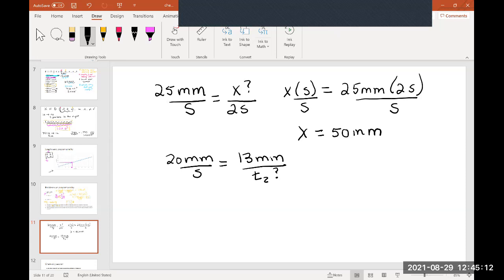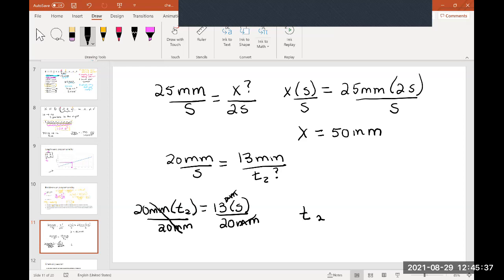So we get 13 s equals 20 millimeters times T2. Divide by 20 millimeters on both sides. I should say that this is 13 millimeters. The millimeters cancel out, and our T2 equals 0.65 seconds.